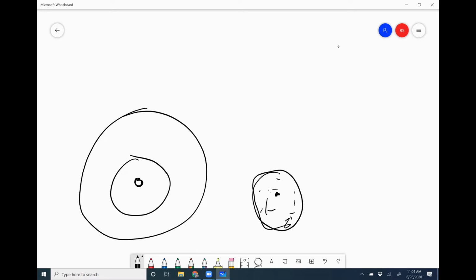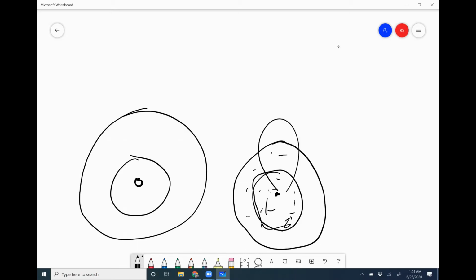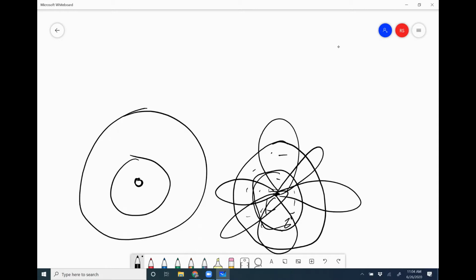So if we have our nucleus, our electron could be in a spherical cloud around the nucleus in what's called the s orbital. But in the second orbital, it can be in a big sphere, but it can also be in these dumbbells. These shapes are basically time lapses of that one little electron bouncing around everywhere.